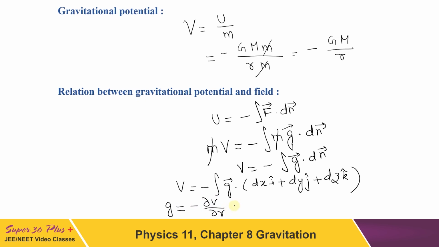And since g is a vector term, we have to write g equal to minus del V by del x i, minus del V by del y j, and minus del V by del z k. So depending on whether potential is given or field is given, we can calculate the value of the other.